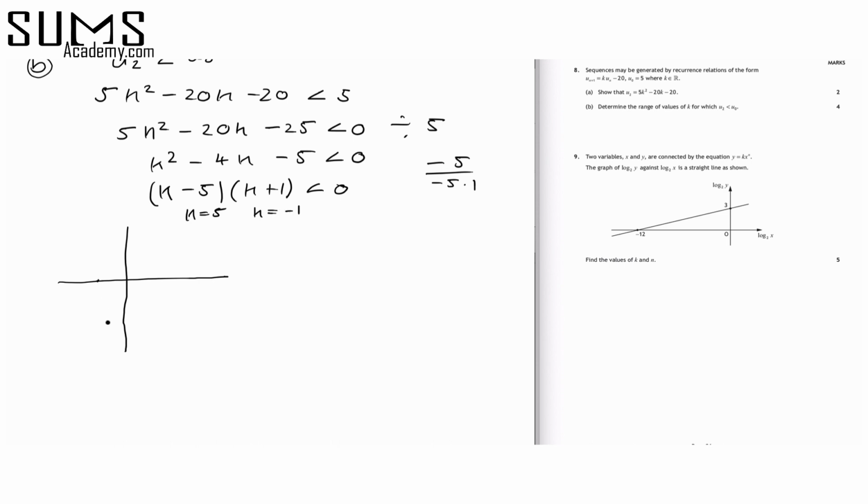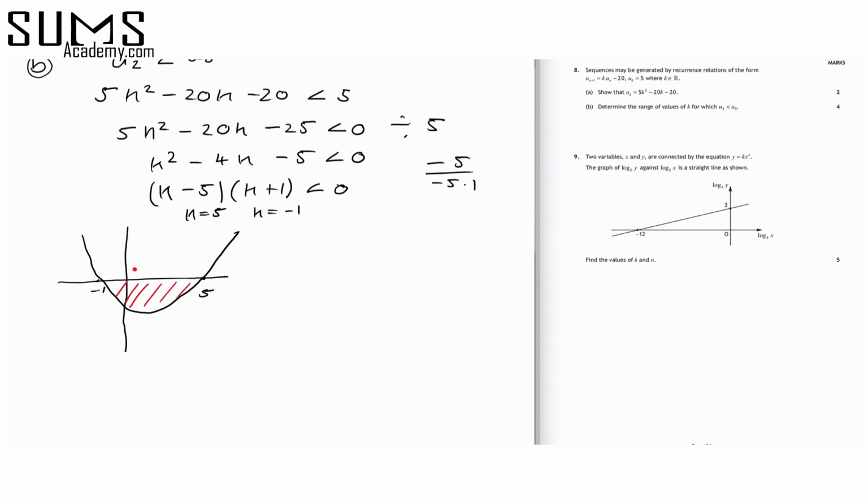So put them on here, -1 and 5. Because this is a positive quadratic, we know it's going to be a minimum point, or a smiley face. And if we look back at the question, we're asked to determine the range of values of k for which u_2 is less than u_0. So it's going to be in this area here.